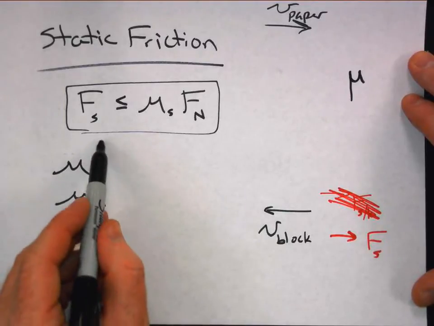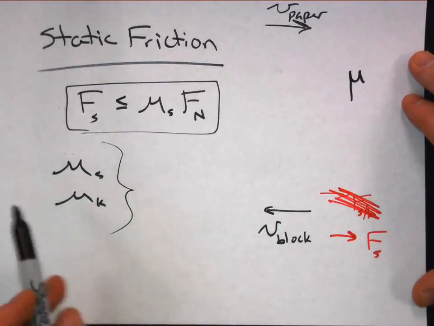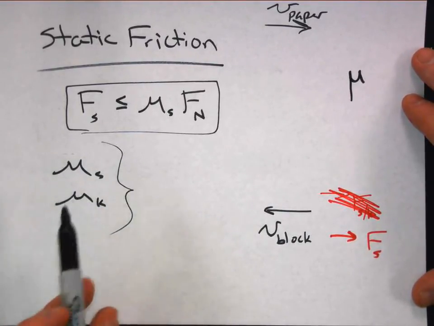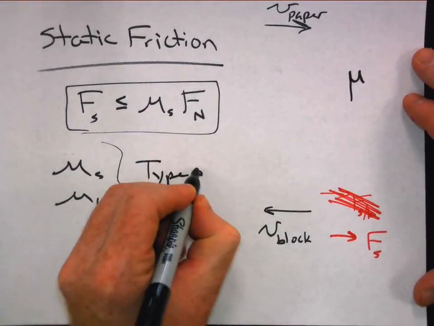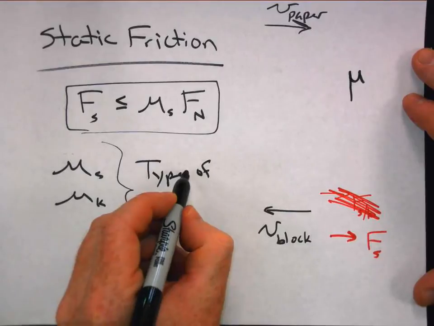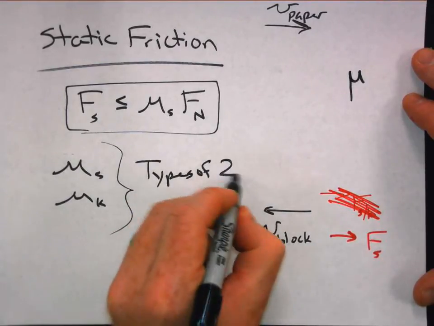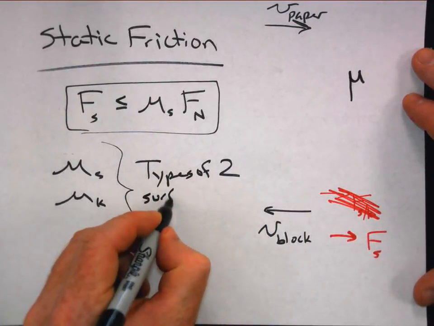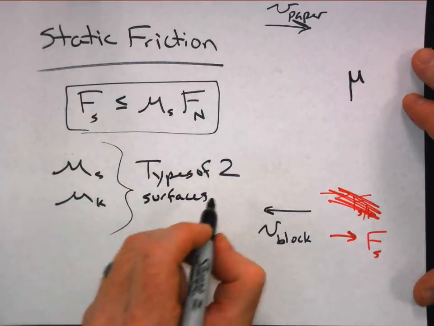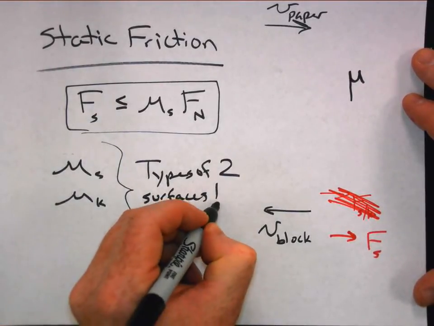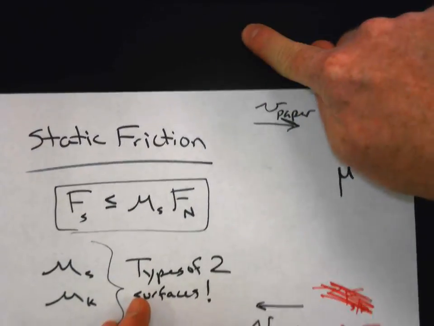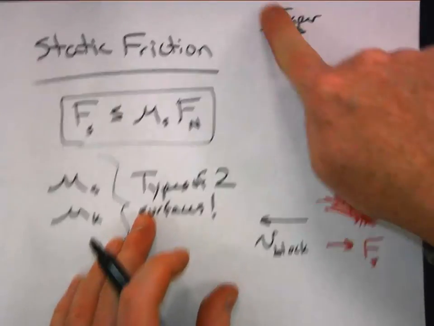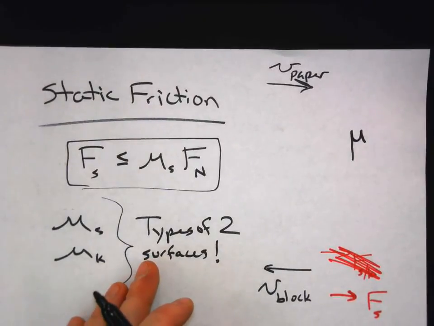But here's the deal. Where does this come from? What is this related to? This is related to the type of surface, or the type of the two surfaces in contact. You'll read about this in your textbook. For example, the tabletop might be a little slipperier than the paper, but both of those are not as grippy.